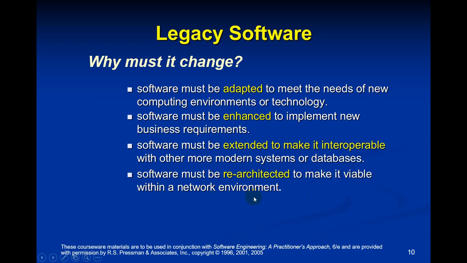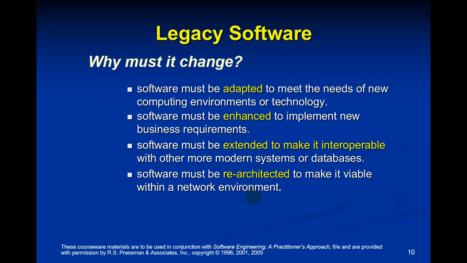And number 4 is, software must be re-architected to make it viable within a network environment. Listen, in the past, with older legacy software, just 45 years ago we did not have so many networks, right? So all our software were standalone. If now we want to use those software in a network environment, we will have to re-architect, redesign them, because now they have to interact with each other.